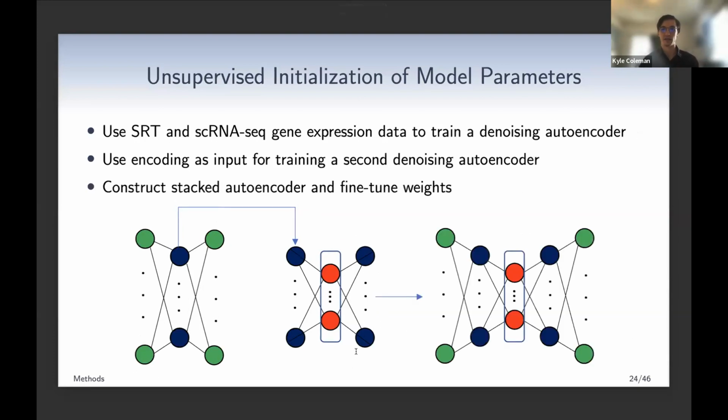Once that second denoising autoencoder has been trained, we combine the two autoencoders by concatenating the encoding layers in layer-wise training order and concatenating the decoding layers in reverse layer-wise training order, which forms this stacked autoencoder with a bottleneck layer in the middle. We further train this network by fine-tuning the weights, minimizing the MSE between the original input and the final output. So we have really 3 stages of network training in order to construct this autoencoder.